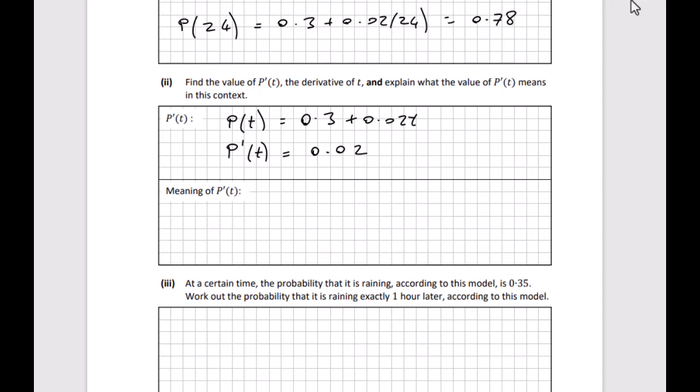So what does it mean then? So it's the rate of change.